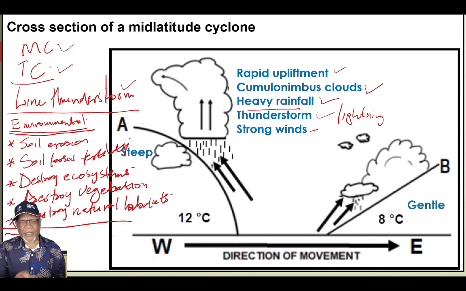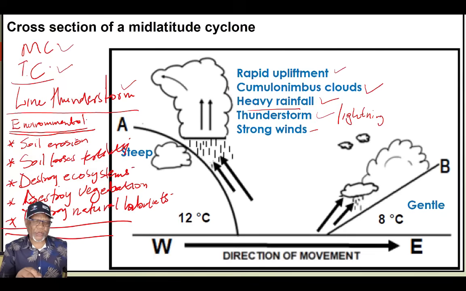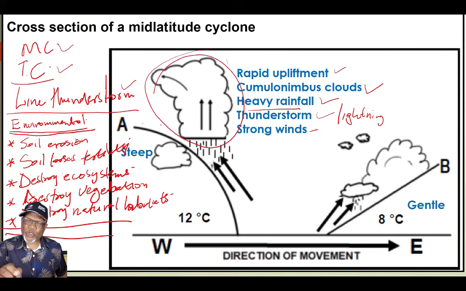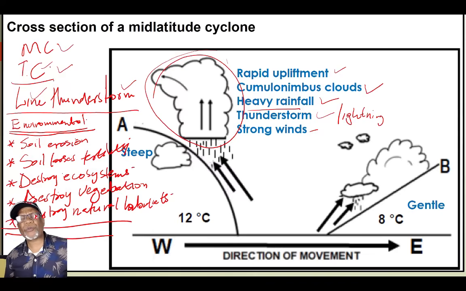Now, these are 1, 2, 3, 4, 5 factors. These are 5 impacts of a mid-latitude cyclone on the natural environment. Because a mid-latitude cyclone is associated with cumulonimbus clouds, and also a tropical cyclone is associated with cumulonimbus clouds, and also a line thunderstorm is associated with cumulonimbus clouds, it doesn't matter what question or what phenomena will be assessed on Wednesday.